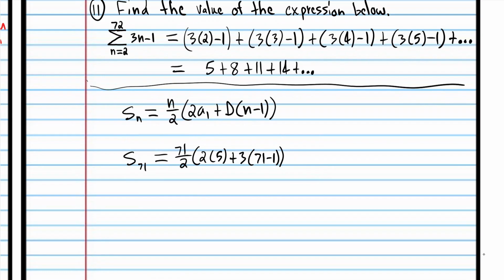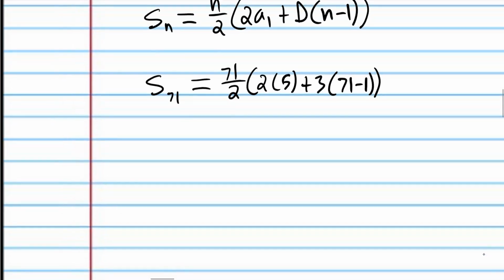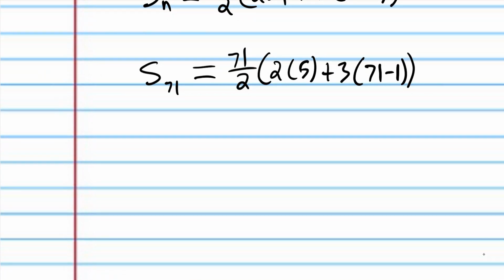So we have 71 over 2 times 10 plus 3 times 70.